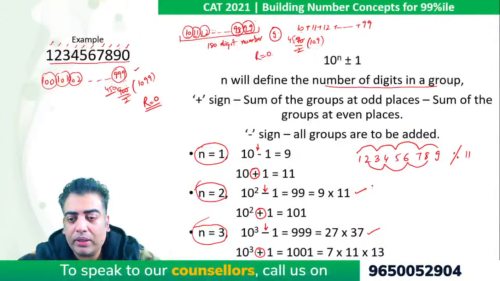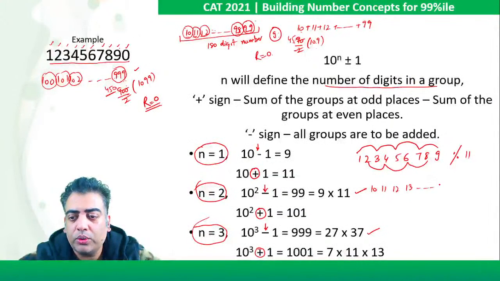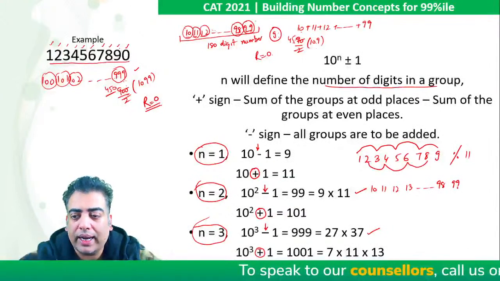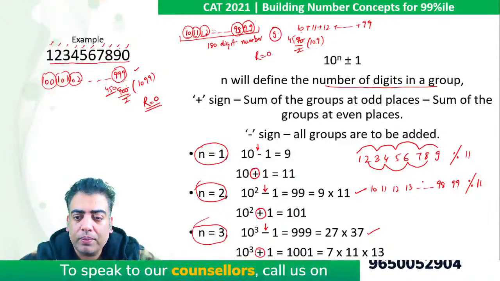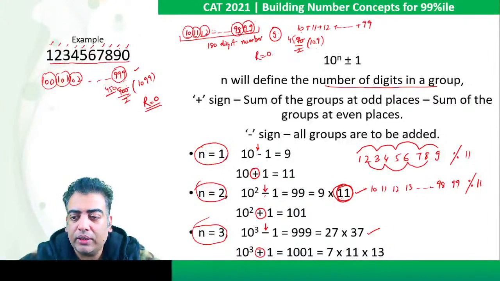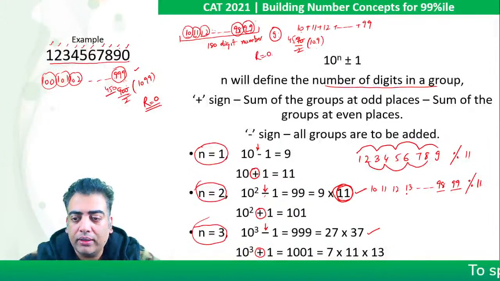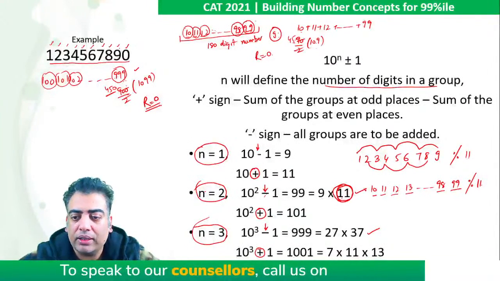So if we come across 10, 11, 12, 13 up to 98, 99, all 2-digit numbers written side by side, what is the remainder when this is divided by 11? Now this divisibility rule will come into picture. Here, because of this negative sign, all groups are to be added. आप दो digits का group बनाओगे because n is 2. Because of the negative sign, all the values are to be added.